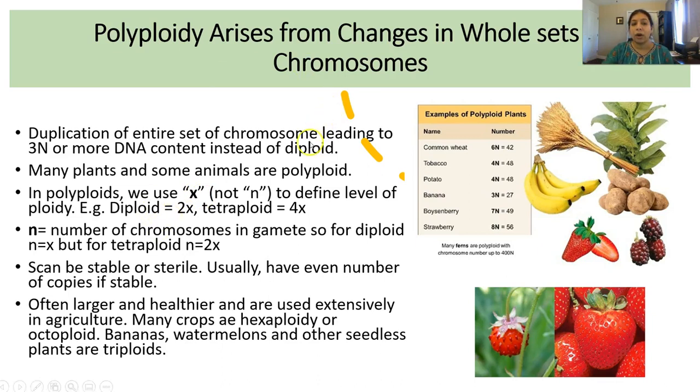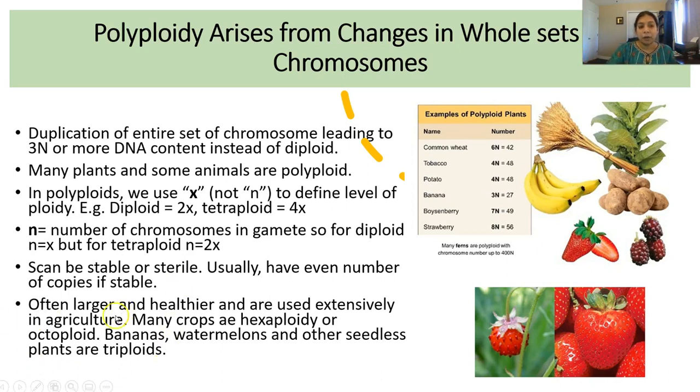But in the case of a tetraploid, you would say 4X because it has four copies of the DNA, not just two copies of the DNA. N is the number of chromosomes in the gametes. So for a diploid organism, N is equal to the number of chromosomes that are present. But if you have a tetraploid organism, N is going to equal two copies of each of the chromosomes because it is four copies total.